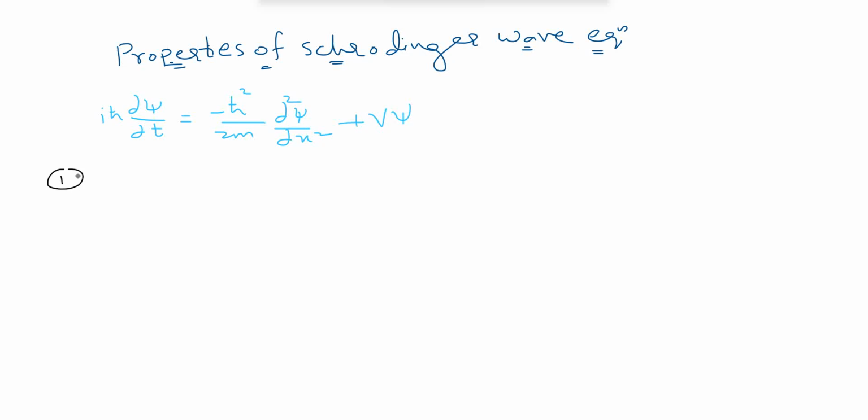When that is the case, if we know ψ(x, t0) at some initial time t0, we can determine ψ(x, t) for all future times, that is, for the evolution of the quantum mechanical system.